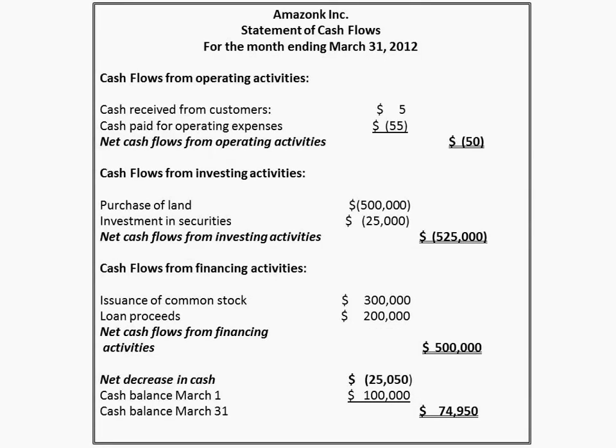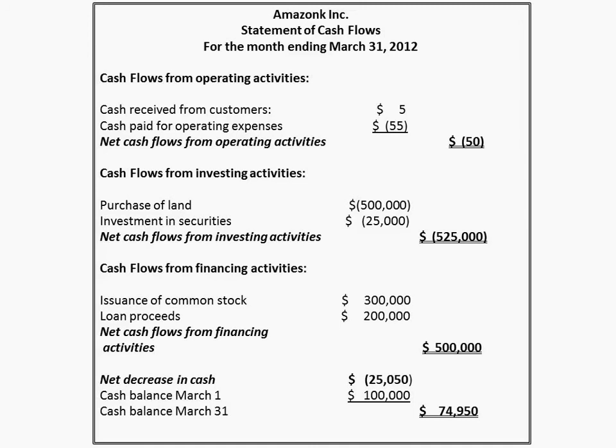So if you were to take these three pieces in total that we just went through and create a statement of cash flows, you just take the stuff we did with operating, cash received from customers 5, cash paid for operating negative 55, gives us cash flows from operating activities of negative $50. Cash flows from investing, we have our purchase of land and our investment in securities.